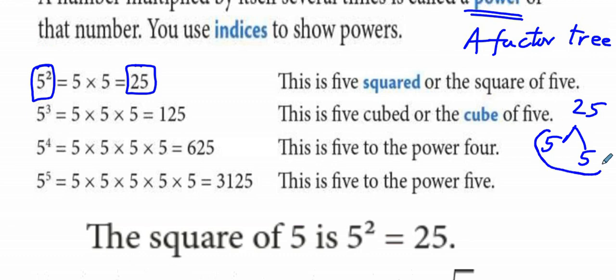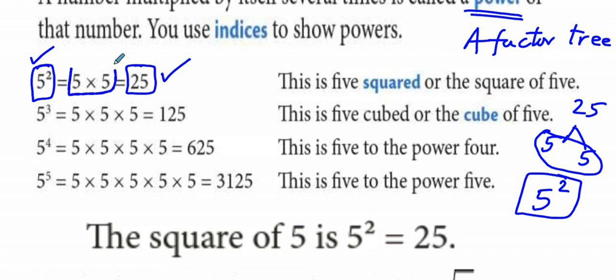So how many 5s are here? We have 2 5s. And that is why we write 5 to the power of 2. So when we write 25 as a power of 5, the answer is 5 to the power of 2. And this concept comes from what we call the factor tree.